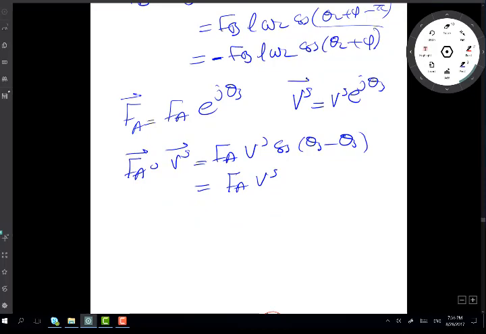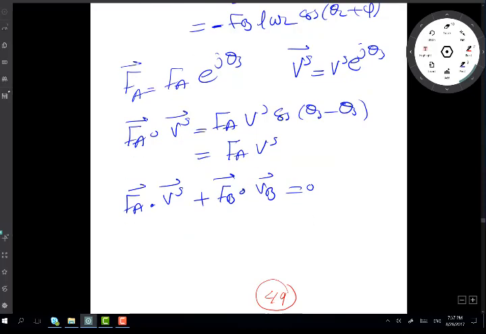Now my virtual work method equation would say FA dot VS plus all the virtual little infinitesimal work adds up to 0. So then FB dot VB, all this stuff adds up to 0.